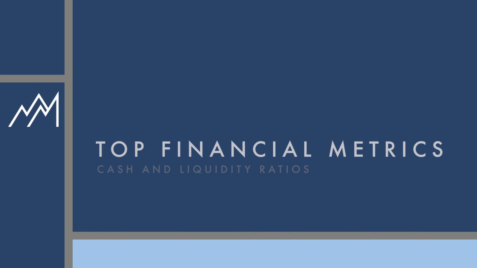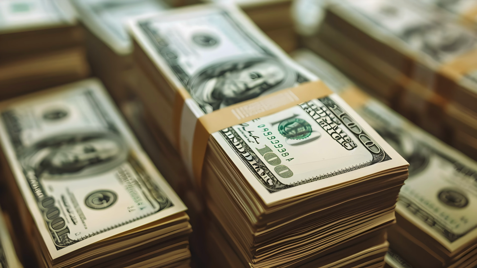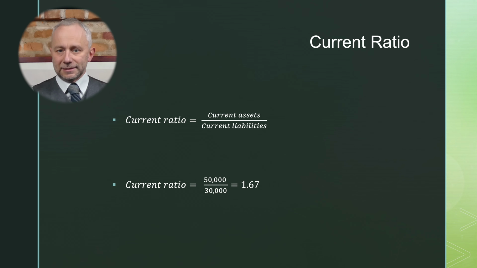So now let's talk about cash flow and liquidity ratios. Cash flow is the lifeblood of any business. You need to know how much cash is coming in and going out to ensure you can meet your financial obligations. One helpful ratio to monitor the cash is the current ratio. Current ratio equals current assets over current liabilities.